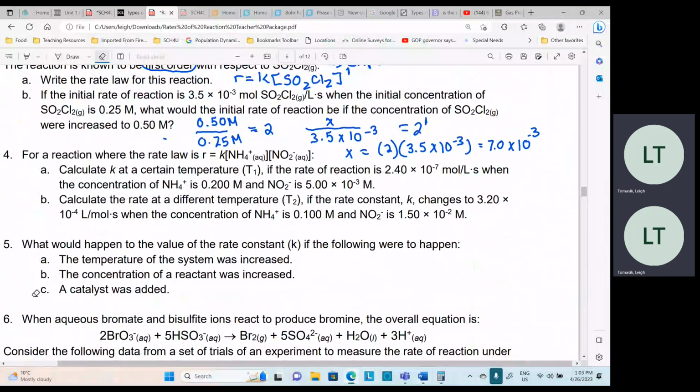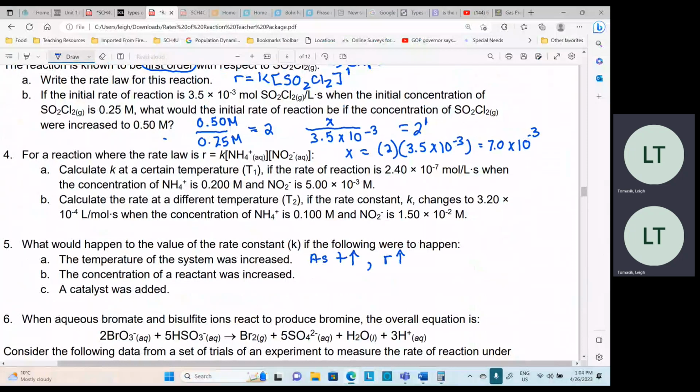Then we have question 5. What would happen to the value of the rate constant K if the following were to happen? The temperature of the system was increased. So this is how we would say it in science: as T goes up, R goes up, because they're proportional.